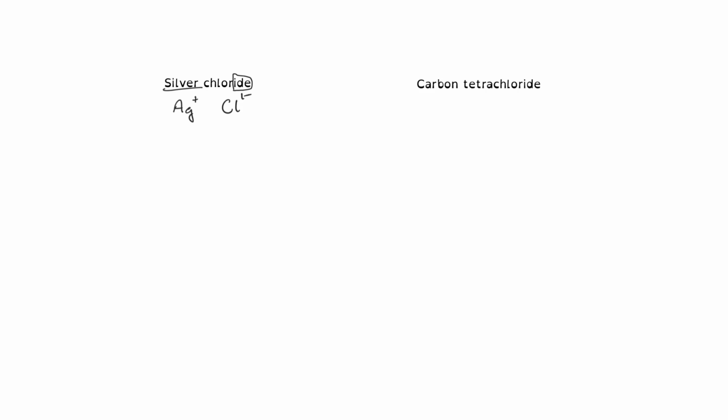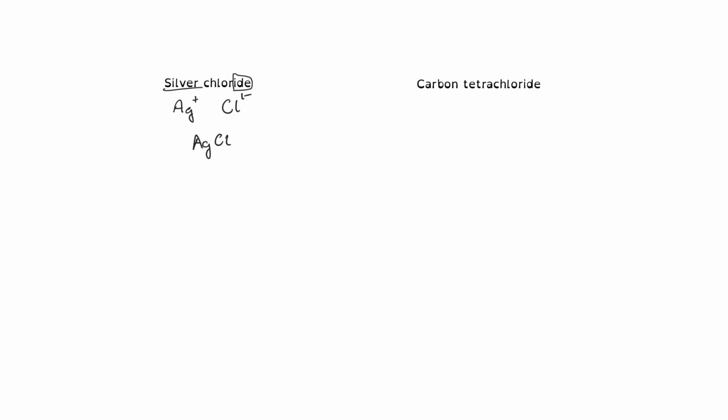Anytime you see a name ending with "ide," it means that it's an element. Okay, so you just need to look it up in the periodic table. So now that you have Ag is positive and Cl is one negative, they perfectly cancel each other out, and the formula you end up with is AgCl.